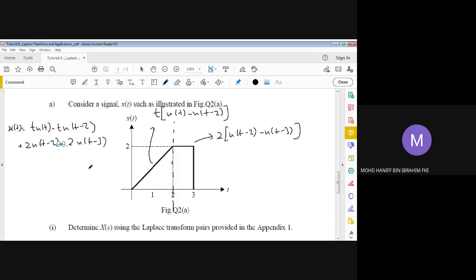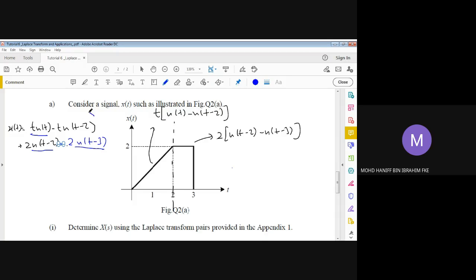Okay, yeah? Right, so if we base on these equations, based on these terms, when we refer to the Laplace transform table, the t ut can be obtained. We can do the Laplace transform for t ut. The ut minus 2 can also be obtained, and also the ut minus 3 can also be obtained.